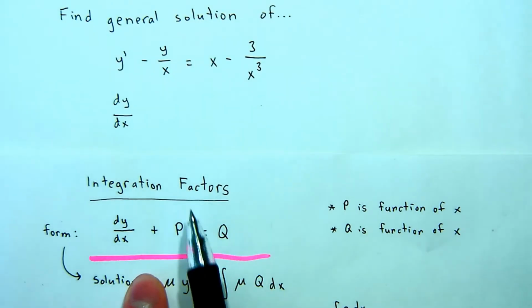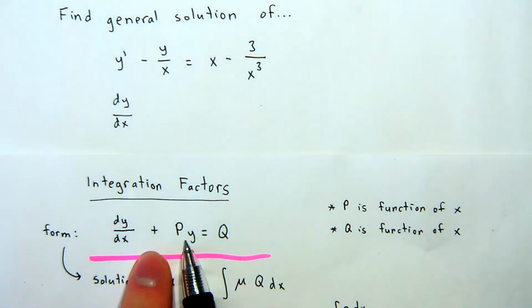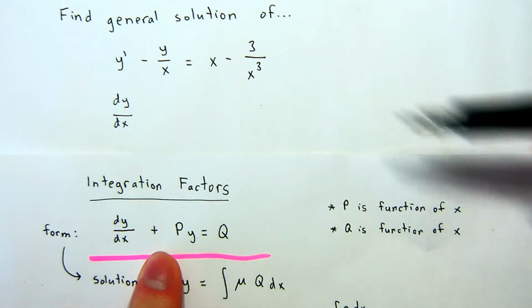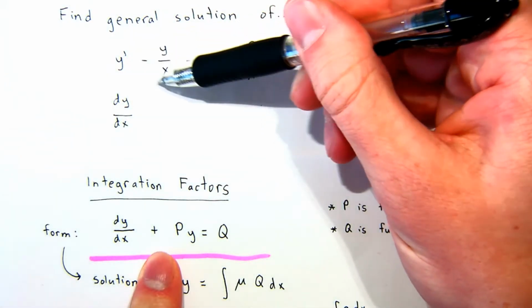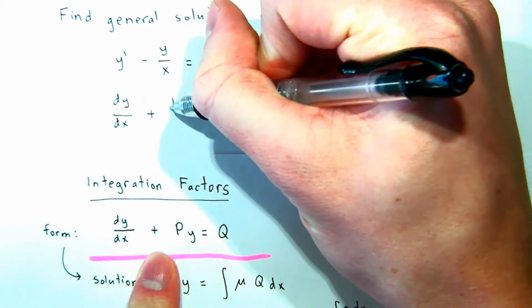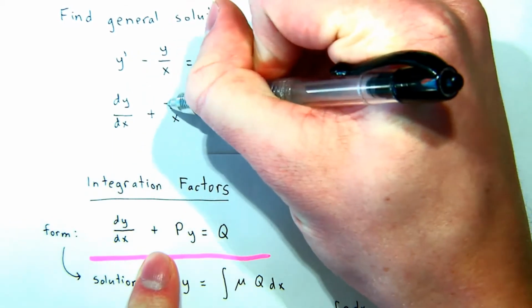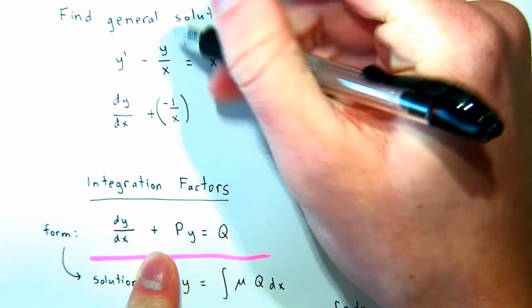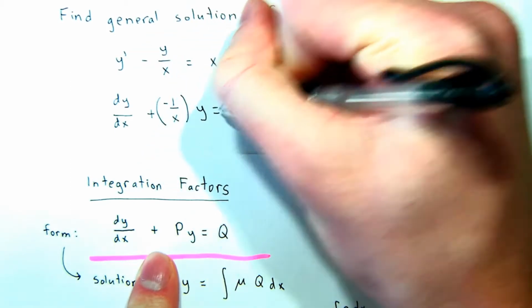Now, in the standard form, we want plus some p, which is a function of x, multiplied by y. So we can separate this out and say this is minus 1 over x, multiplied by y.